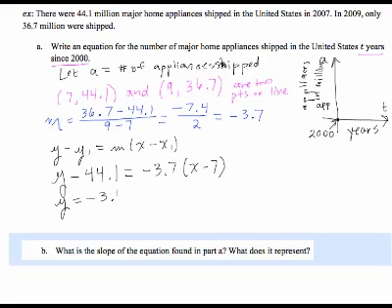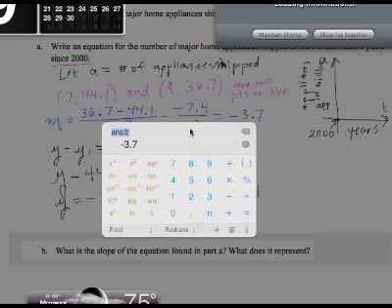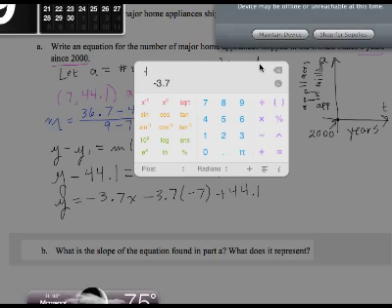So it's y equals negative 3.7 times x, negative 3.7 times negative 7, we'll figure that out in a second, plus 44.1. Let's see what all of this simplifies to. Negative 3.7 times negative 7 plus 44.1 is exactly 70.